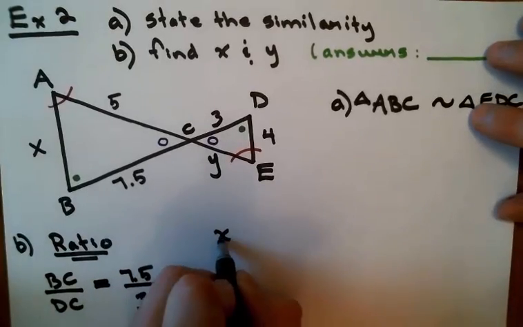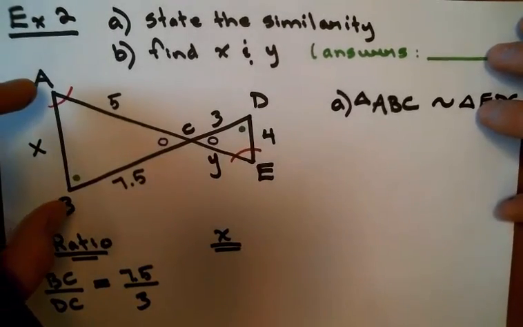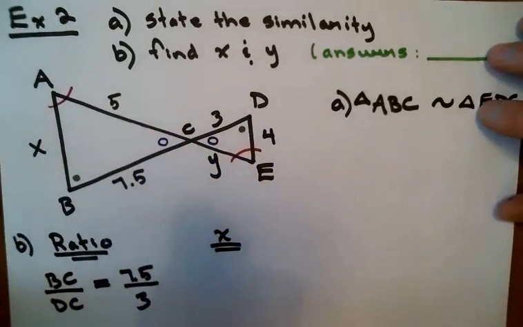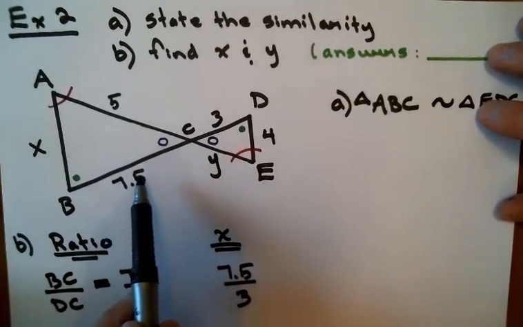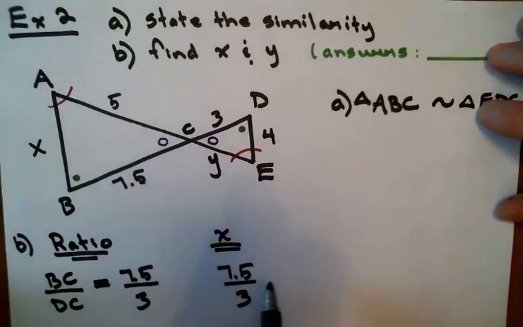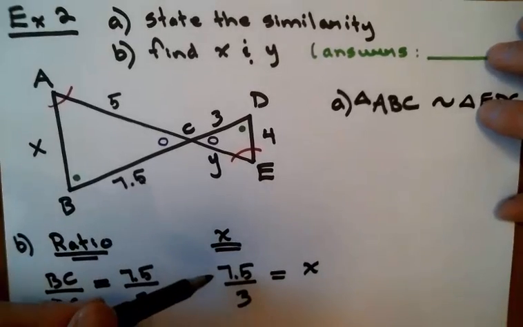And you move into finding x. So to find x, now, remember, x is in the bigger triangle over here. So set up your ratio, 7.5 over 3. Now where's 7.5? He's in the big triangle. So make sure when you write x down, he goes on top, because it goes big triangle, smaller triangle.